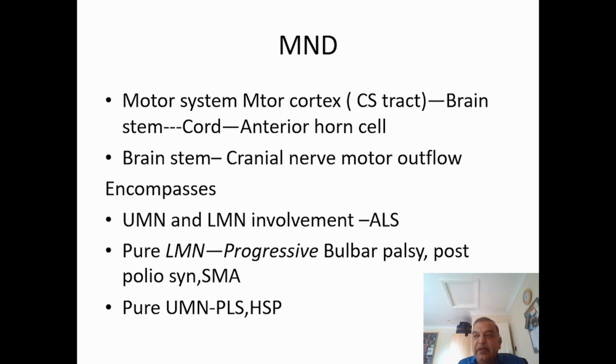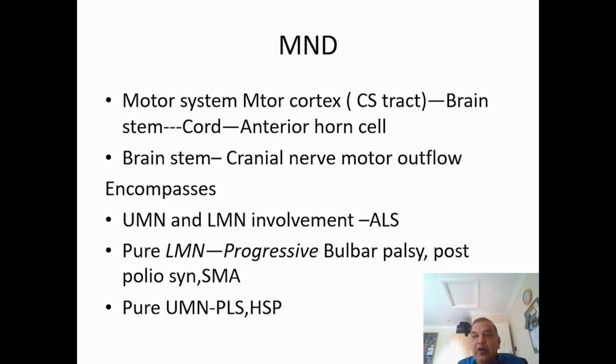So you can have the primary form of MND, which is seen most commonly, that is amyotrophic lateral sclerosis. You can also have a pure lower motor neuron type of motor neuron disease, which is called progressive bulbar palsy. We can also include in this lower motor neuron type of syndrome the post-polio syndrome and the spinal muscular atrophy.